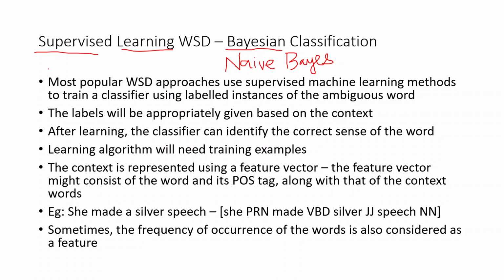So from that, in the case of Naive Bayes, it is actually a probabilistic algorithm, probability based. So you try to estimate the probability of occurrence of each of the senses we are talking about. So we said there are k senses. So S1, S2, etc. up to Sk are the senses for a particular word, which means Naive Bayes is basically a classification based algorithm. So there are k classes, and given a word, you try to estimate the probability of that word belonging to one of the classes or one of the senses.